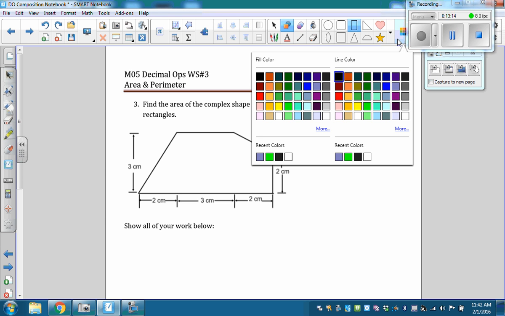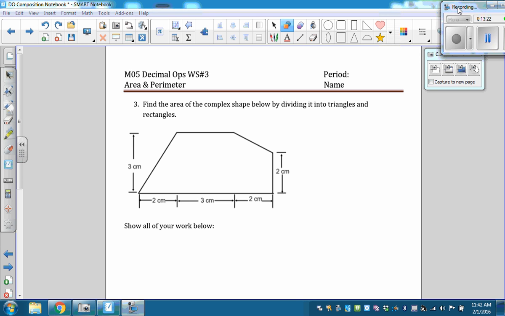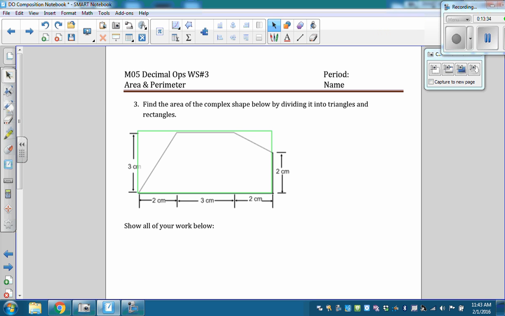In other words, if I take this rectangle and surround this shape with a rectangle, that green rectangle, I know that I can figure out the area of a rectangle.